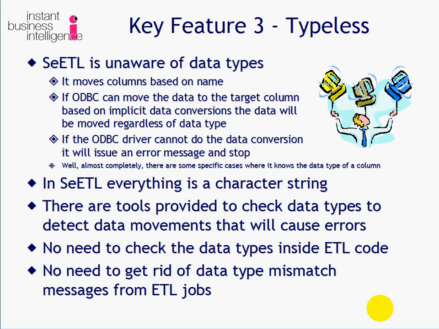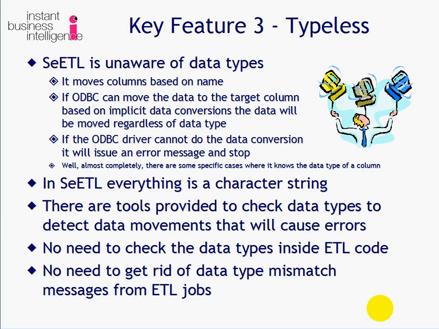Whereas in a lot of ETL tools, the ETL tool itself is also sensitive to data types. So if the ODBC driver cannot do the data conversion through an implicit data conversion, then it will issue an error message and stop. So this ability to do the movement of data in a typeless fashion is really very good, because ODBC drivers can do a vast array of implicit data conversions for you.